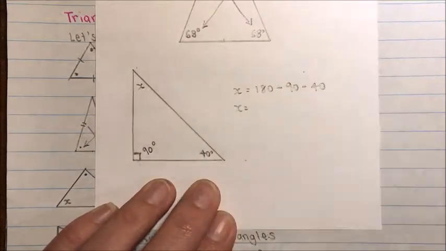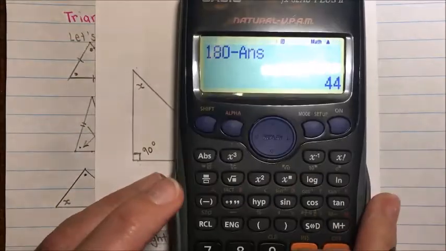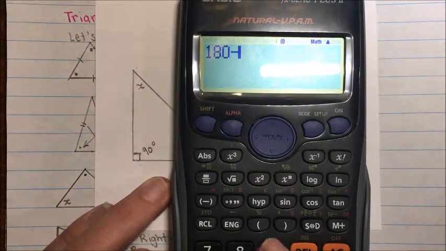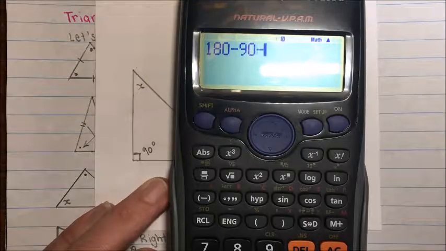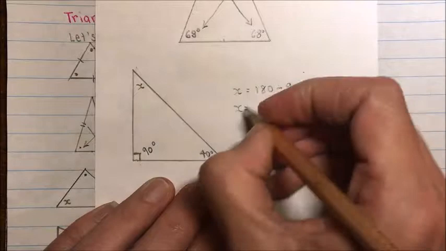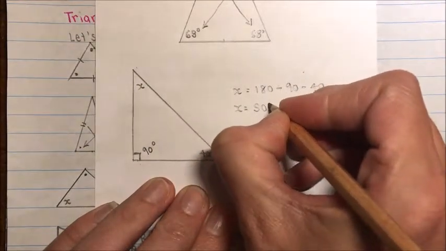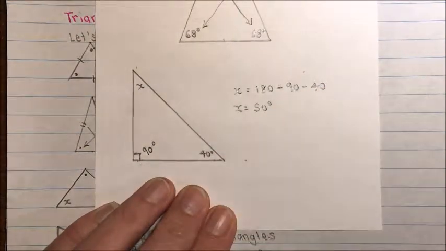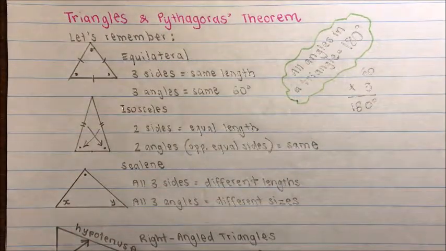X is going to equal 50 degrees. Now we worked that out just by remembering rules associated with triangles.